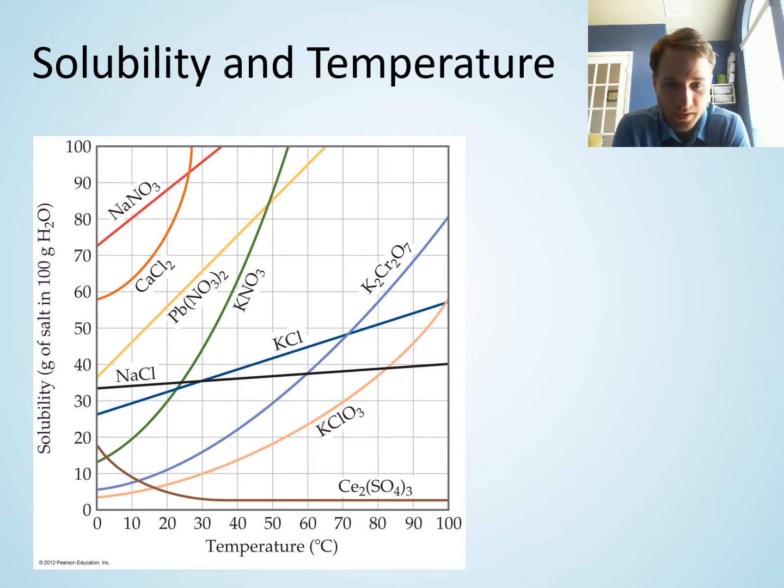Now there's the very rare case of something like the cesium sulfate salt that has the opposite trend, with decreasing solubility with increasing temperature, but in general, as you increase temperature, the solubility increases for a salt.